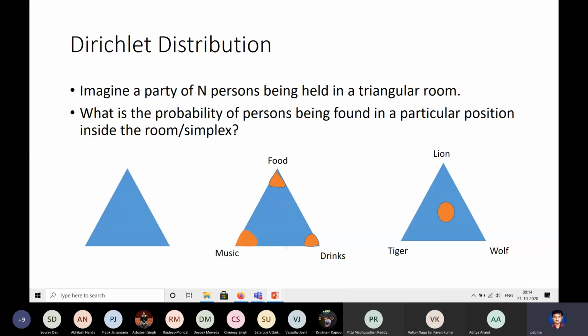If I draw the probability of them being found in a certain position, it would look like a distribution, something like this, defined only over the simplex. The support is the simplex. This distribution would give me the probability that if you randomly pick a person, where would he be found in the room?